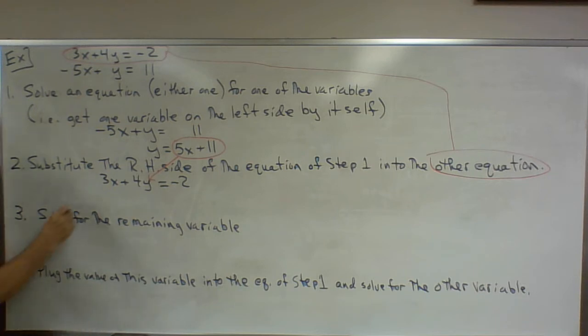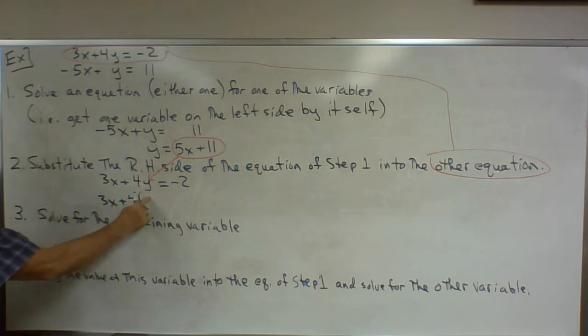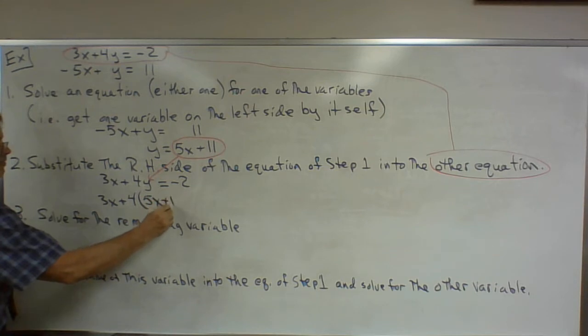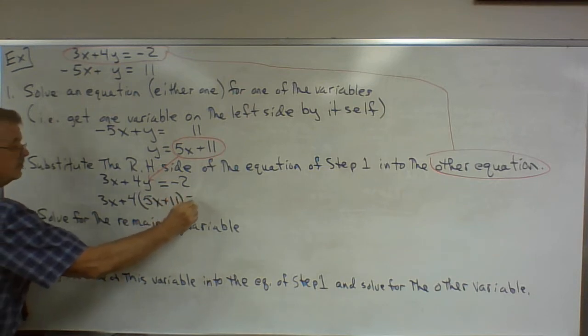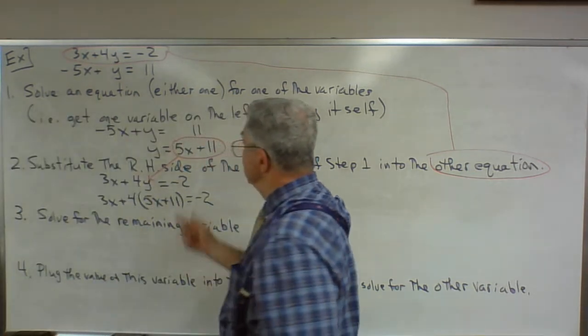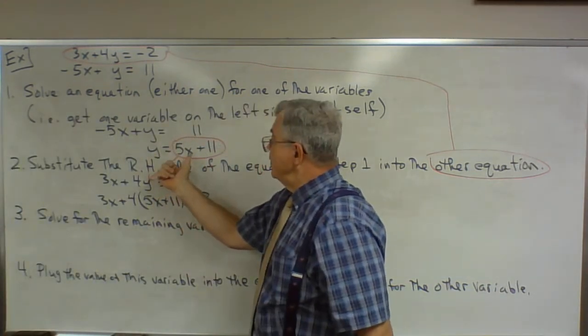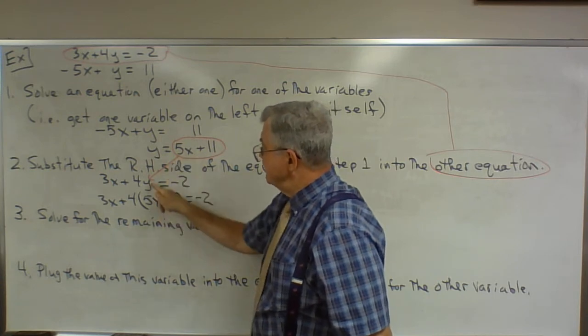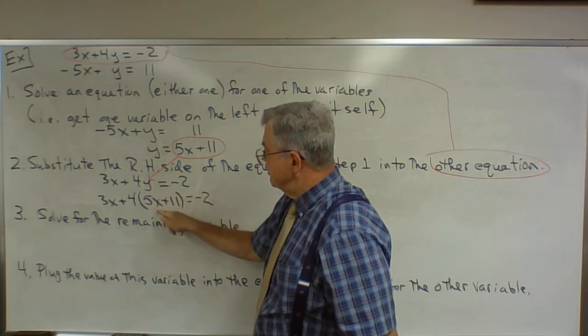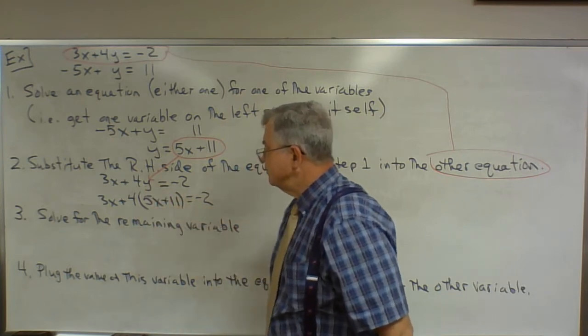So that will give me 3x plus 4 times y, but y is the same thing as 5x plus 11. So you see that? I took y, which is 5x plus 11, and substituted it into this equation for y.